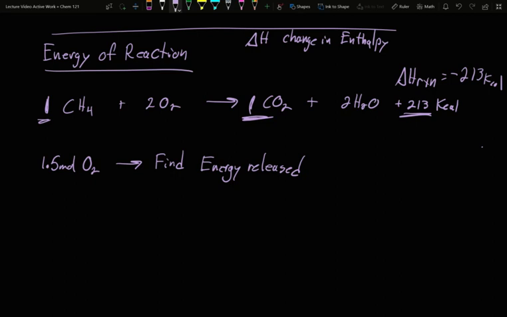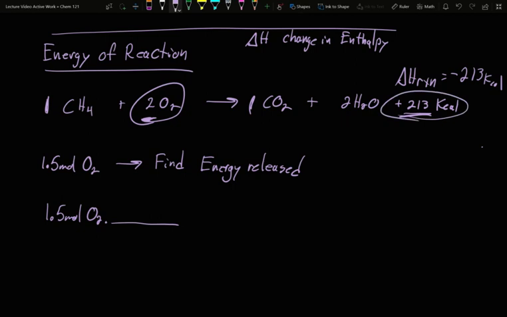So I can also find this for a certain amount of O2. I have 1.5 moles of O2 that we did burn with methane. We just added enough until it burned. The balanced reaction tells me that there is 2 moles of O2 consumed for every 213 kcals the reaction releases.